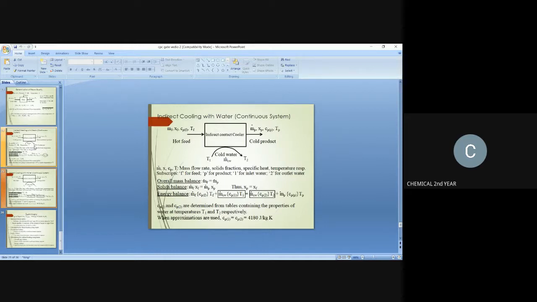Here Cp1 and Cp2 are determined from the tables containing the properties of water at temperatures T1 and T2 respectively. When approximations are used, Cp1 will be equal to Cp2. Therefore, it will be equal to 4180 joule per kilogram Kelvin. That is the specific heat of water.